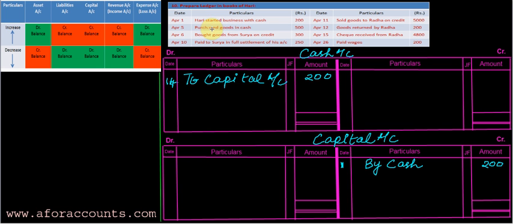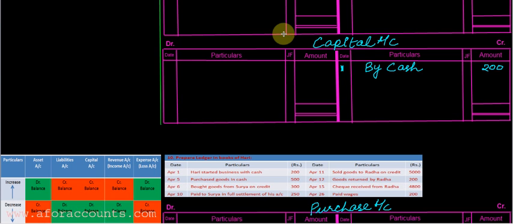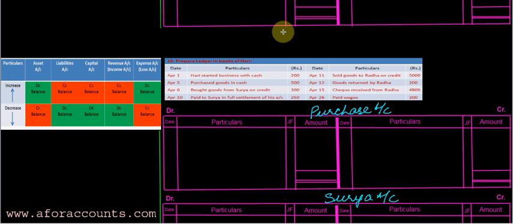Next, purchased goods in cash 500. So the entry will be purchase account debit to cash. I have to open a purchase account debit to cash, and this is on 5th April. It is 500.